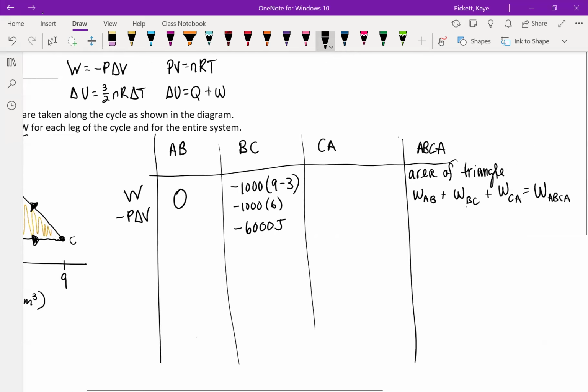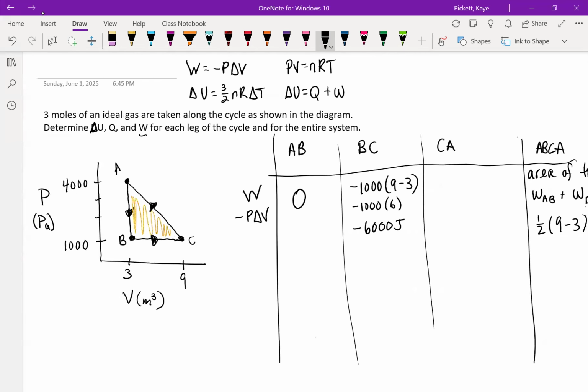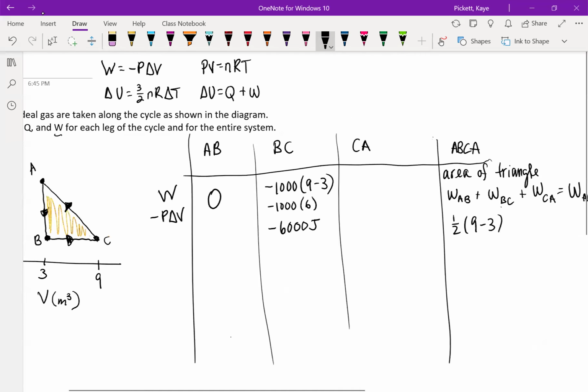So let's go ahead and do the area of the triangle. That's 1/2 the base, which is 9 minus 3, and the height, which is 4,000 minus 1,000. We'll look at the sign in just a minute as well. So that's 1/2 times 6 times 3,000.